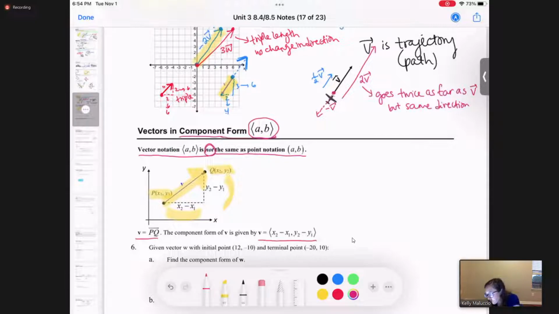So AB does not represent X1, comma Y1, like an ordered pair.